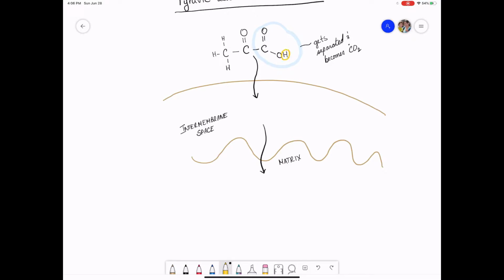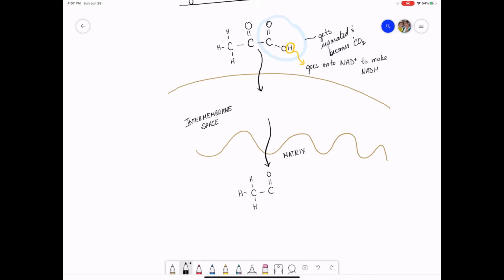Now the hydrogen that's there is going to get added onto NAD+. So the last carbon becomes carbon dioxide, which is a waste product, and the hydrogen goes onto NAD+ and becomes NADH.